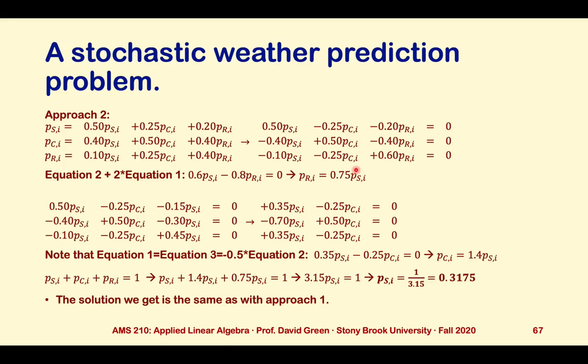Once we've done this, we can substitute in all these PR values for 0.75 PS, and that gives us a new system of equations where the first column and the second column are exactly the same, and this last column is now in terms of PS instead of PR.